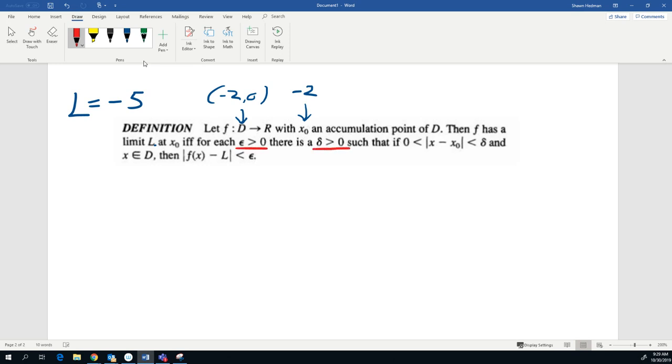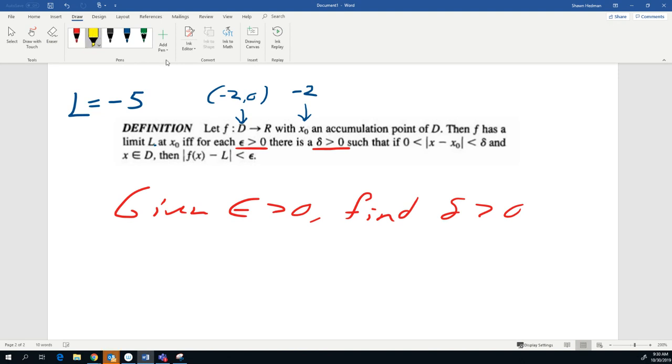I'll stop there. It says, given any epsilon bigger than 0, the definition says we should be able to find some delta bigger than 0, so that if this is true, then this is true. It's an if-then.